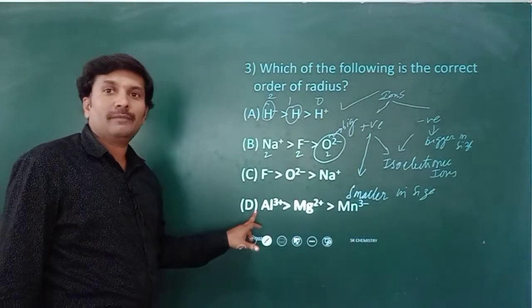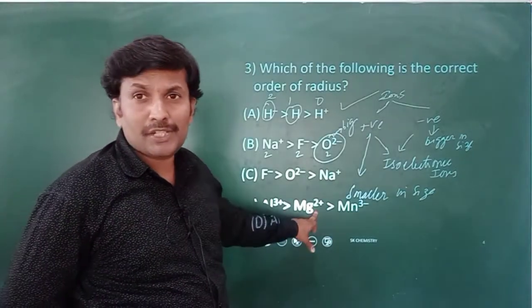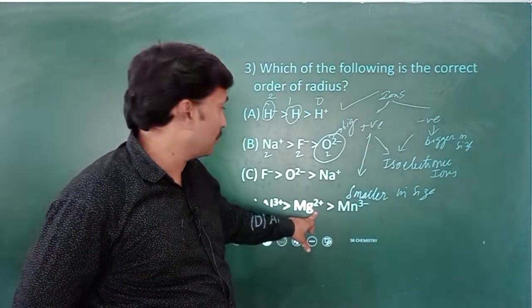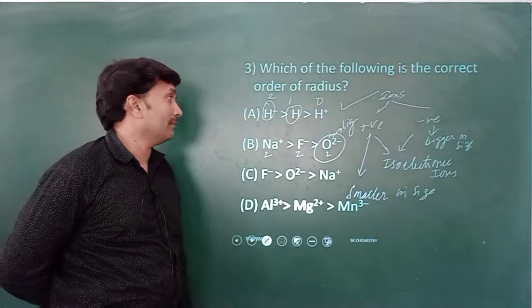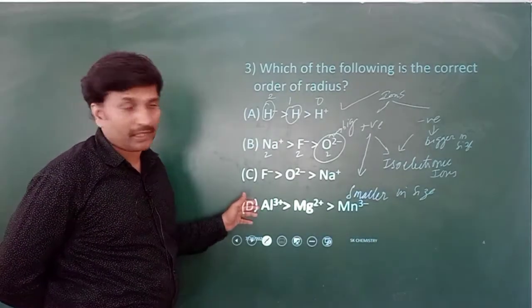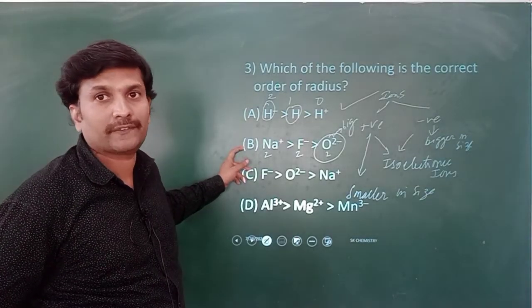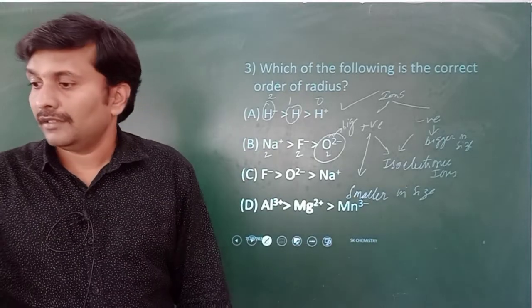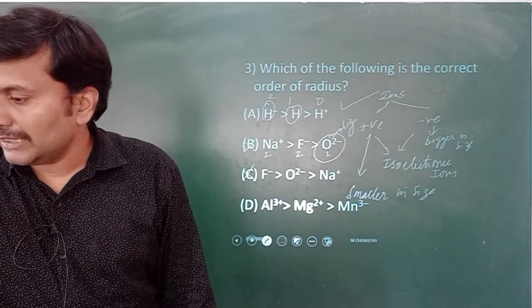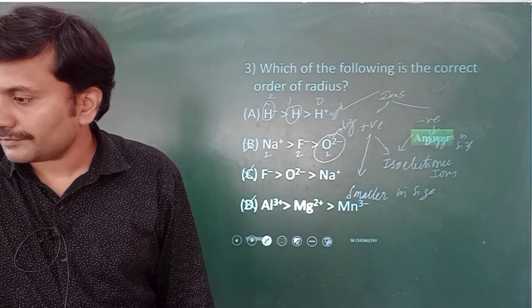Aluminium atomic number is 13 minus 3, magnesium 12 minus 2, 10 electrons. Then manganese is a d block element, so we need not make it isoelectronic ions. So here I have taught and revised what isoelectronic ions are. So B, C, D are wrong. Which is the correct option, children?